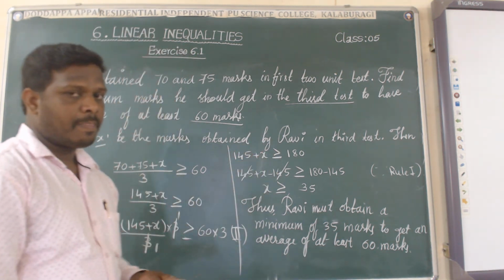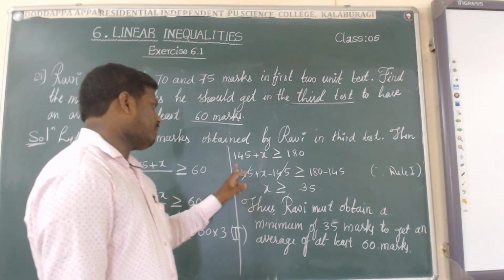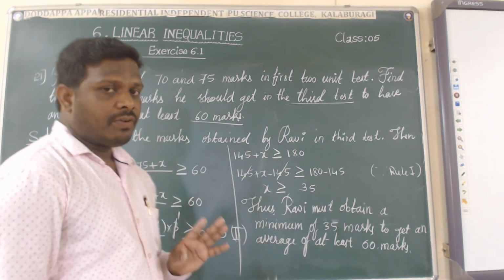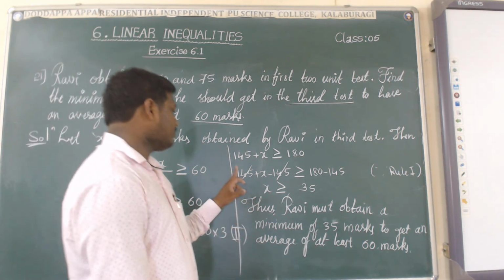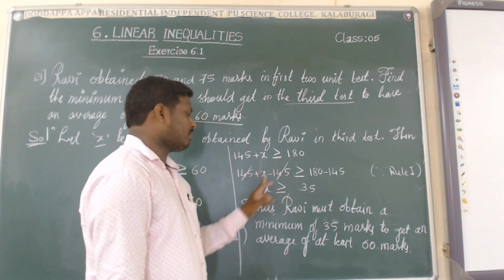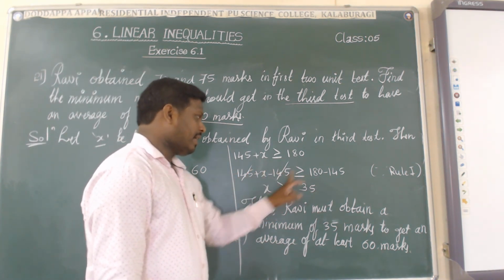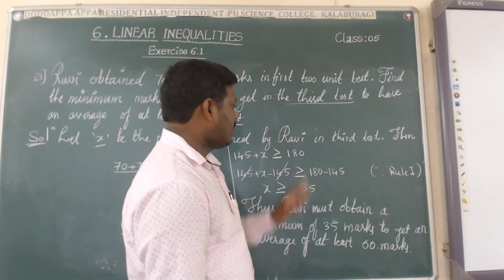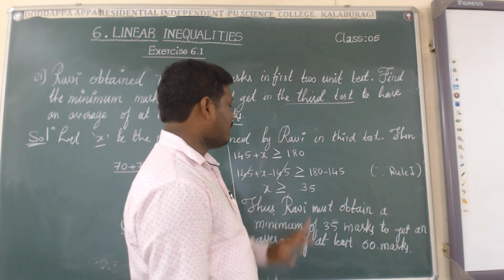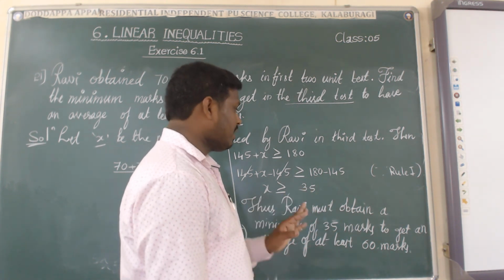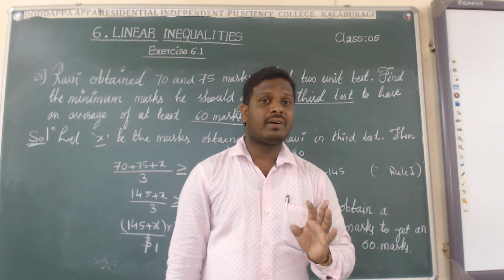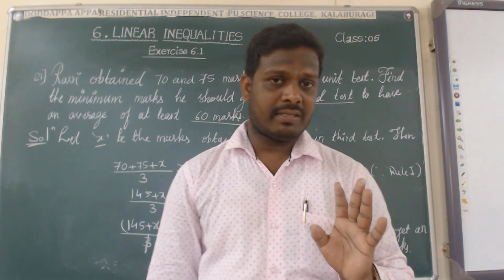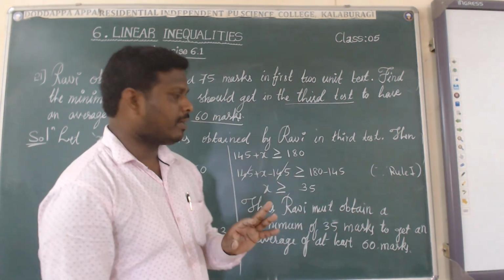Again, remove this 145 from the LHS side, so I subtract both sides by 145. 145 minus 145 becomes 0, and x is left. On the right, 180 minus 145 leaves 35. This 35 is the required marks in the third test for scoring at least an average of 60. Getting my point?